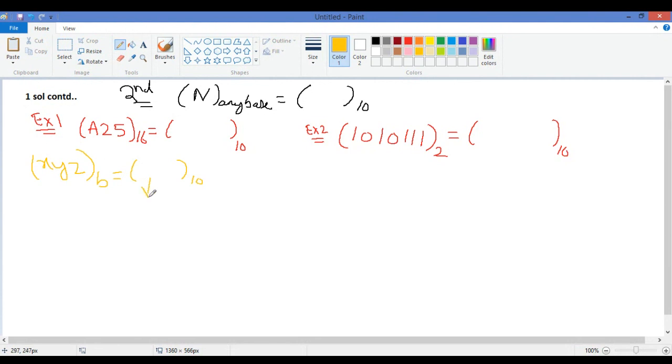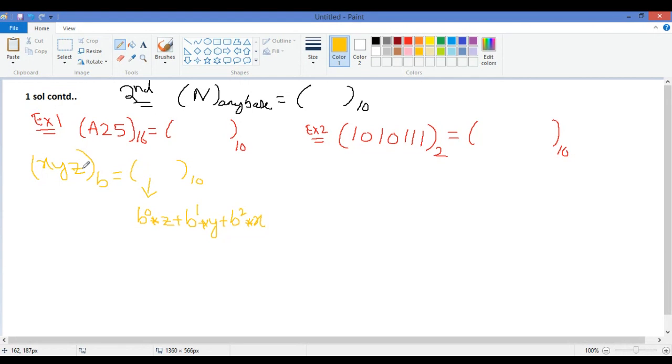The technique is very simple. First b power 0 multiplied by z plus b power 1 multiplied with y plus b square multiplied with x. Suppose you have a big number, then b power 3, b power 4, like this you can go on doing that. Okay, this is the formula.